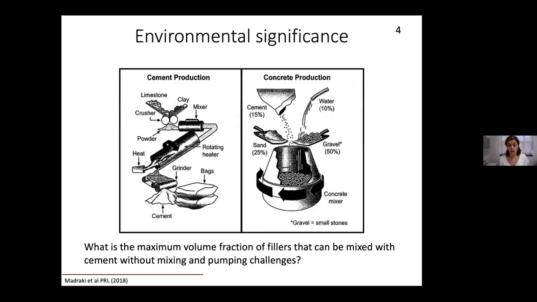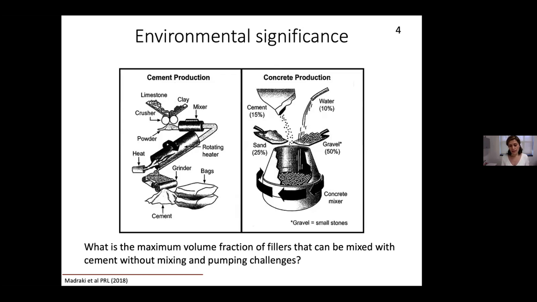And to reduce the amount of cement that is required to produce concrete, the concrete industry adds sand and gravel and ash and fillers to the concrete.